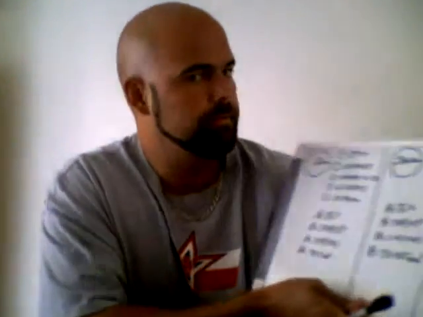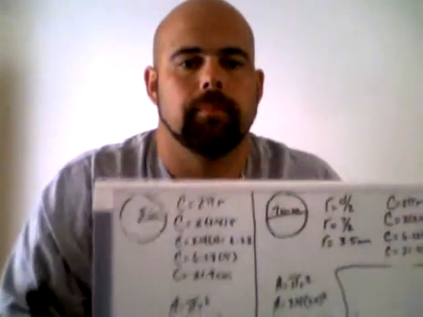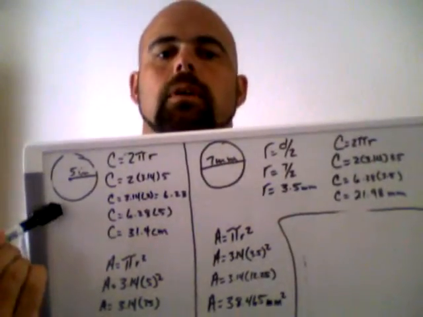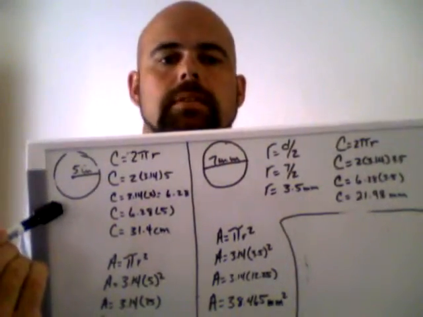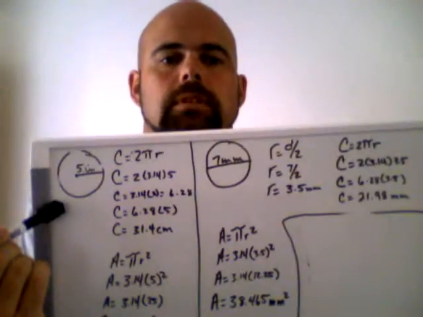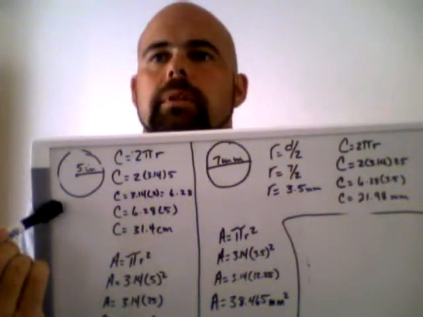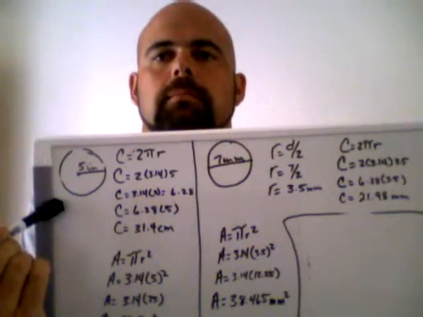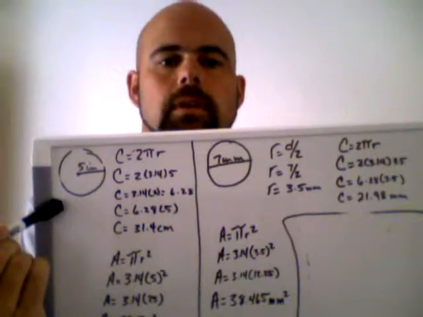Alright. I have some examples worked out on the board here for you, so take these notes down. If I have a radius of 5 inches and I was asked to find the circumference, our formula for finding the circumference is 2 times pi times r.